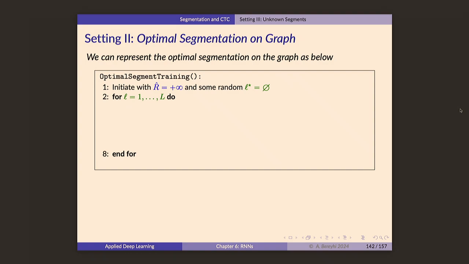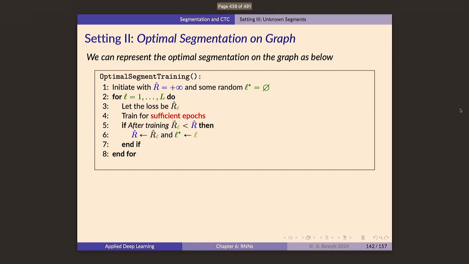Then I start with my first path on this graph, and for that path I compute the loss. Then I train my neural network with that loss for a sufficient number of epochs. When I do that, my RNN gets trained with that particular segmentation, which corresponds to path L. Then I compare the loss I got after training with what I have saved up to this point.